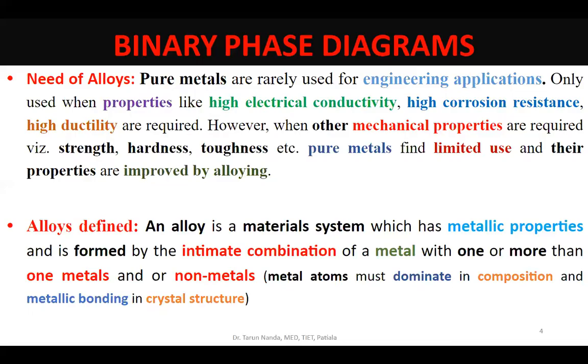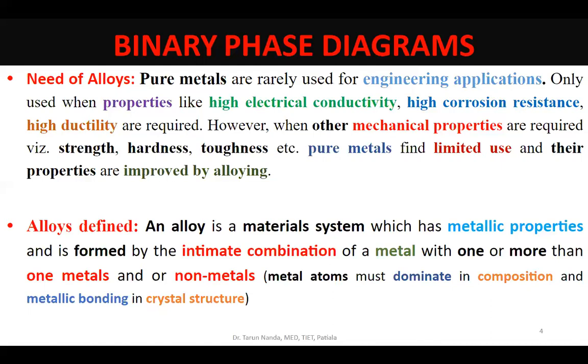An alloy is a material system which essentially would have metallic properties. If you form a material system with improved properties but that's not having metallic characteristics, like metallic bonding is not there, luster is not there, then it's not an alloy. It may be a material system with improved properties, but then it's not an alloy.